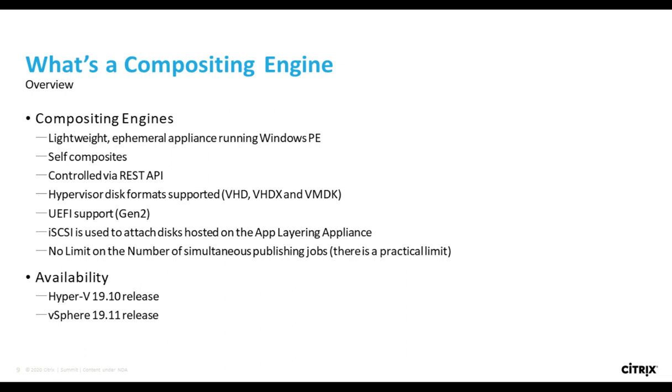Right? So instead of the app layering appliance doing that work to do packaging and publishing, it's done by these Windows PE virtual machines. It's controlled via REST API. It supports VHD, VHDX, and VMDKs with integration to hypervisor. It supports UEFI, so on Hyper-V you can now do Gen 2 machines with UEFI, and on vSphere you can do UEFI as well.